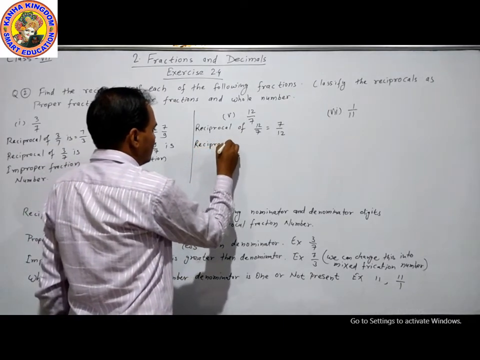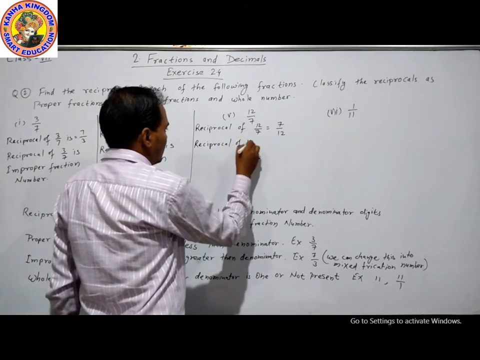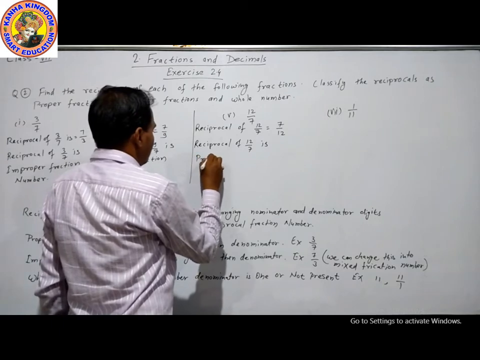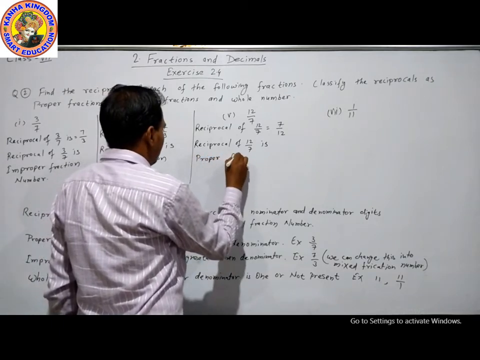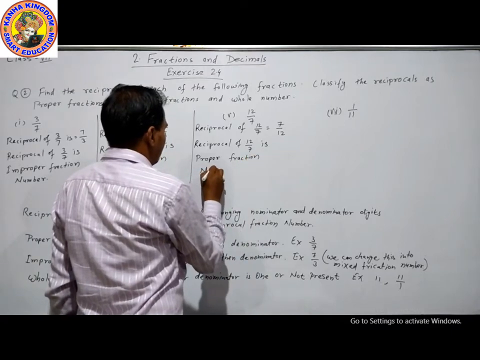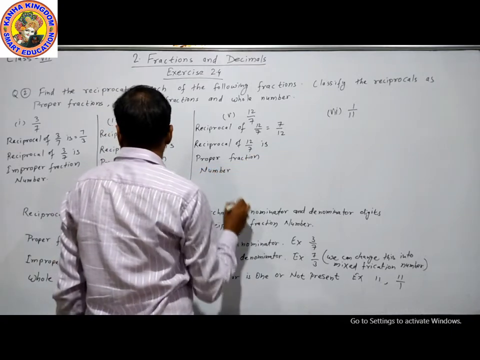Reciprocal of 12 by 7 is proper fraction number.